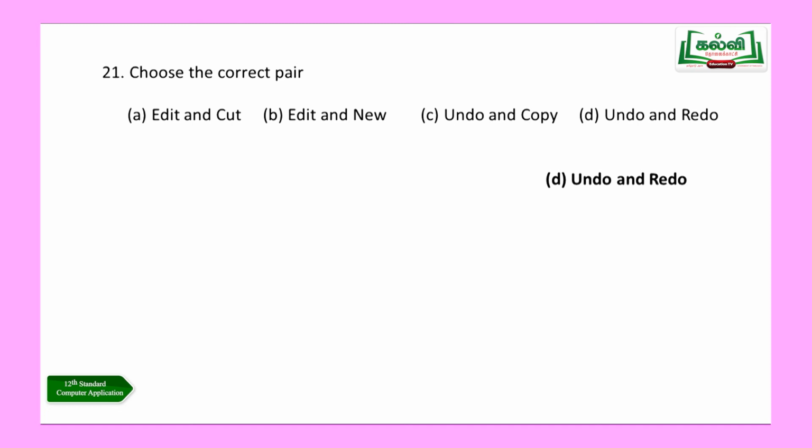Undo and redo is a pair. When you do something you don't want, you use undo. If you accidentally undo something and want to bring it back, you use redo. So the correct answer here is undo and redo.